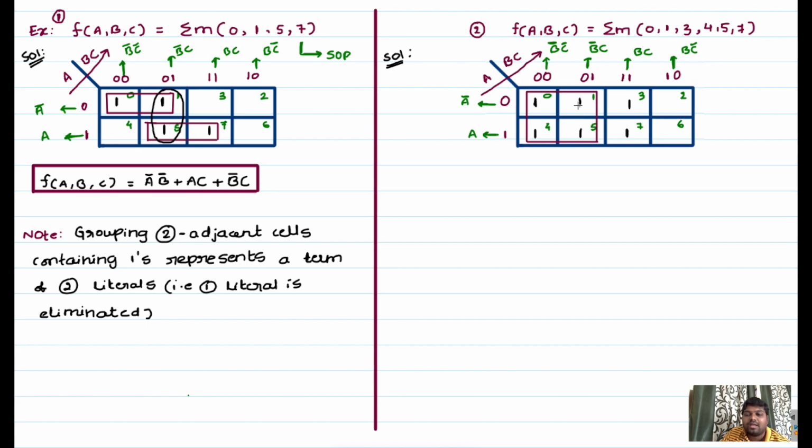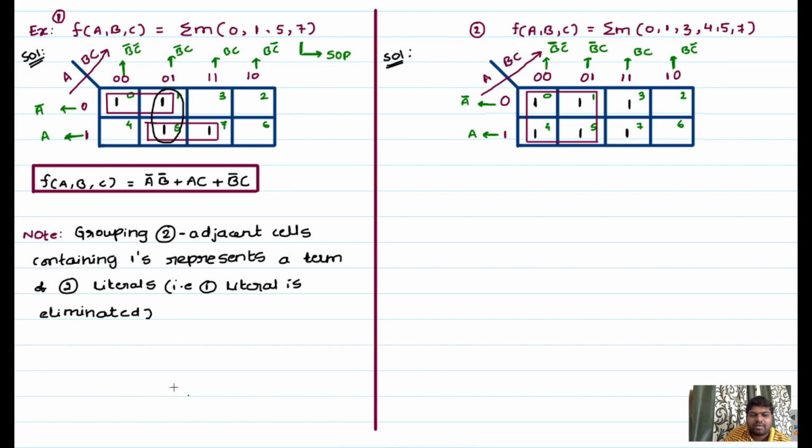Is there any other possibility? This 1, 5, 3, 7 also forms a quad. That means a grouping of 1, 3, 5, 7 square boxes forms a quad, which contains all ones, so it represents 1 literal in its representation.